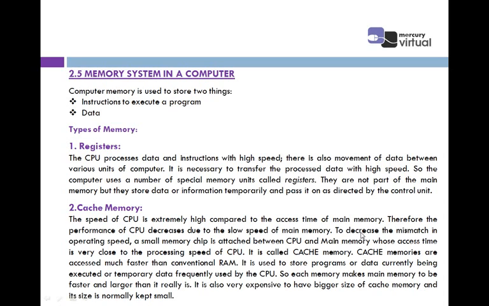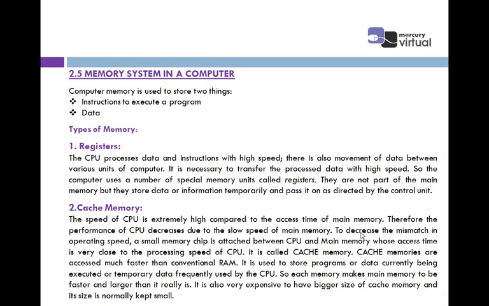Meaning the time taken to access data from the memory is extremely slow as compared to the speed of the CPU. In simple terms, the CPU performs at a very fast speed in comparison to the main memory. So there is a need for something that is also fast, that can cope with the CPU speed.